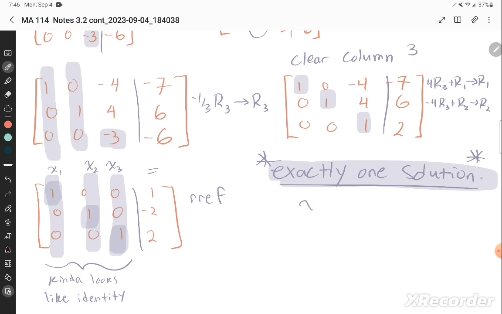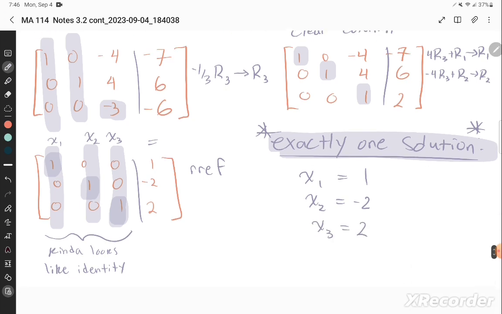Because this represents x1 is equal to 1, x2 equals -2, and then x3 is equal to 2. Now, you can write it like this, or you can say that it's got exactly one solution, and the solution is 1, -2, 2. Either way is correct.